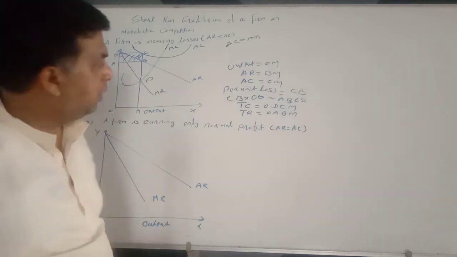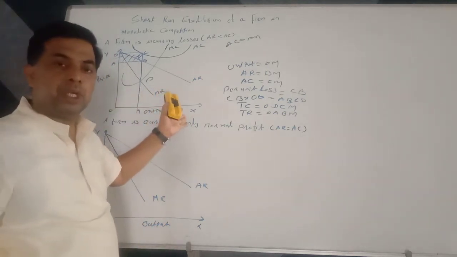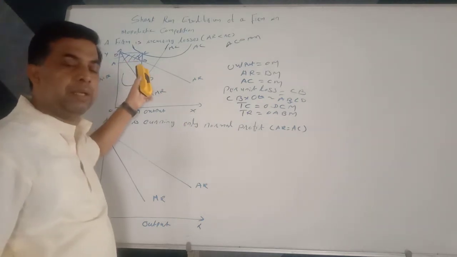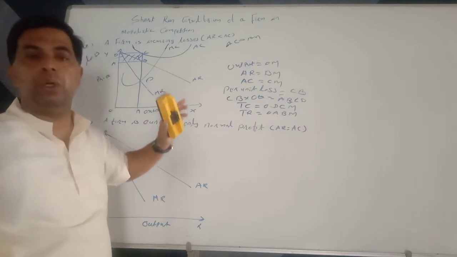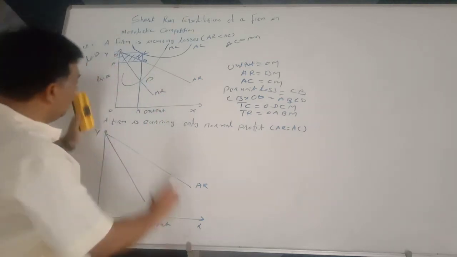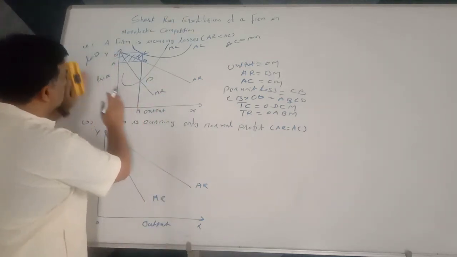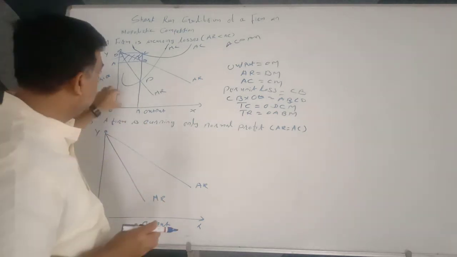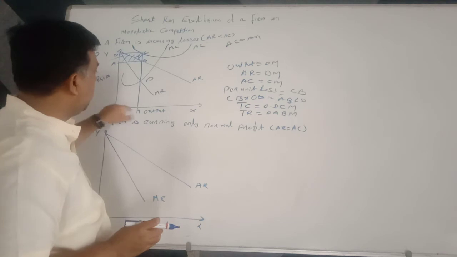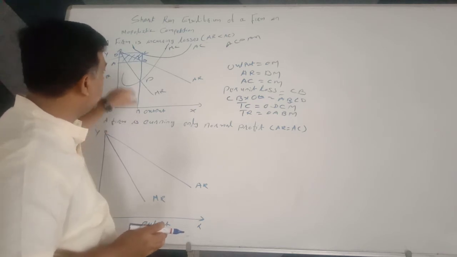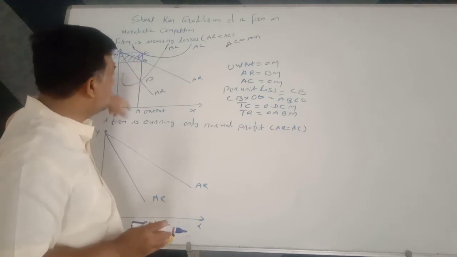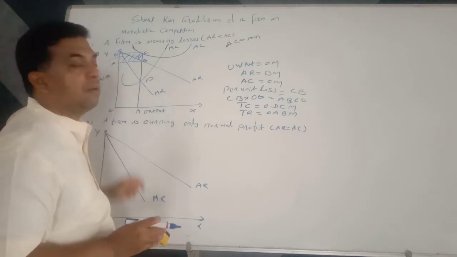How to explain? X-axis represents output, y-axis represents price. P is an equilibrium point where marginal revenue and marginal cost are equal. Firm produces OM output at OA price, and this is an equilibrium output. As we observe from the diagram, in producing OM output, average revenue is equal to BM and average cost is equal to CM.